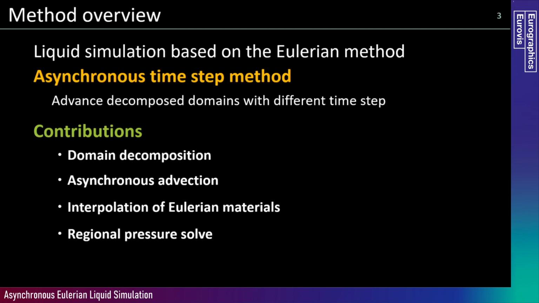We also propose a regional pressure solver supported by the boundary values interpolated from a region with a different time step. In this presentation, we will mainly describe these three contributions. If you want to know the details, please read our paper.